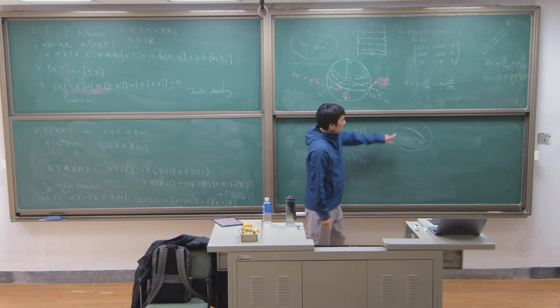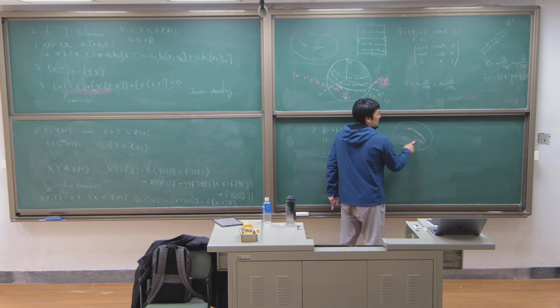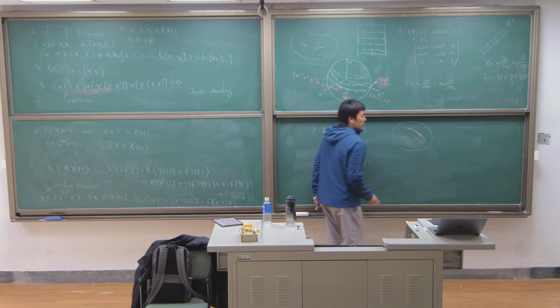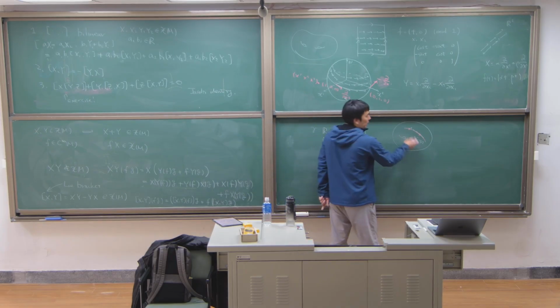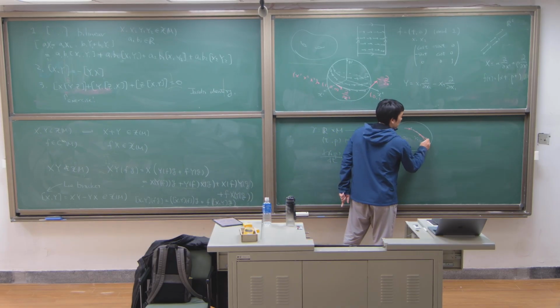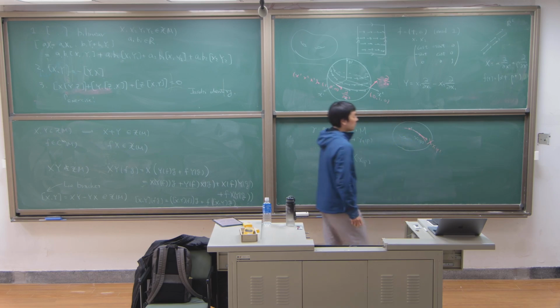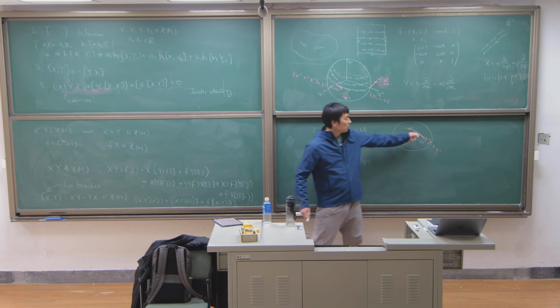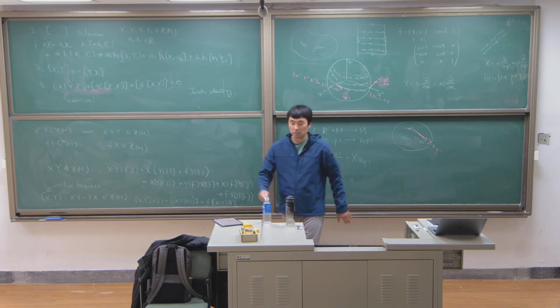If you have a point P, at time t you flow to gamma t of P. If you take the derivative, that gives you X at gamma t of P, a tangent vector of the vector field at this point. So that's what's really happening.